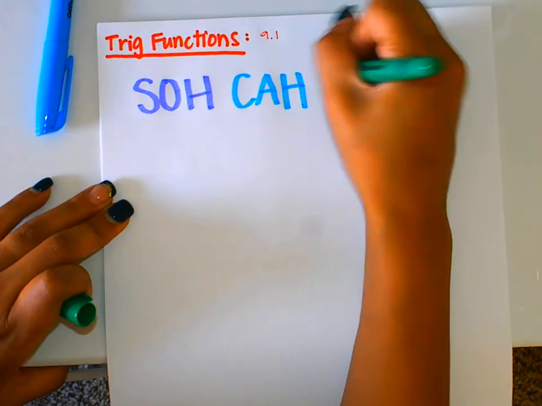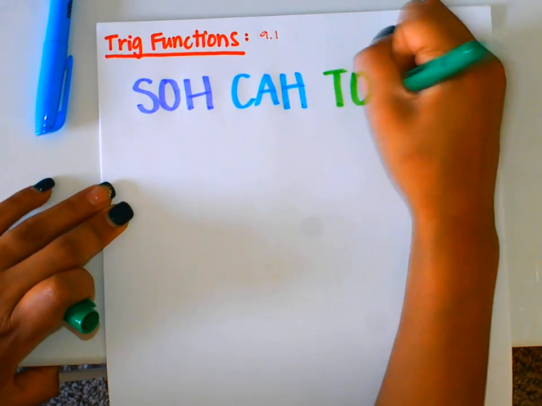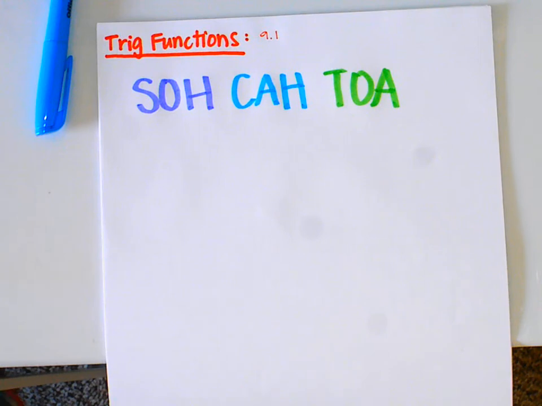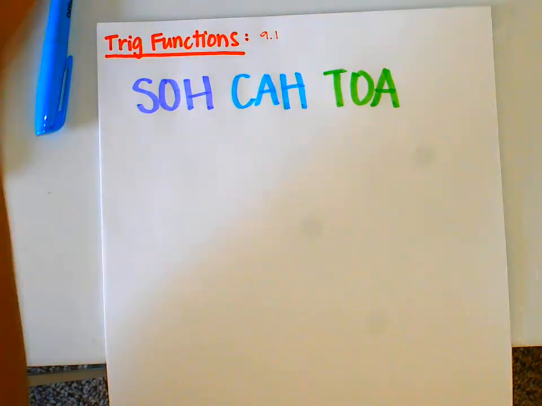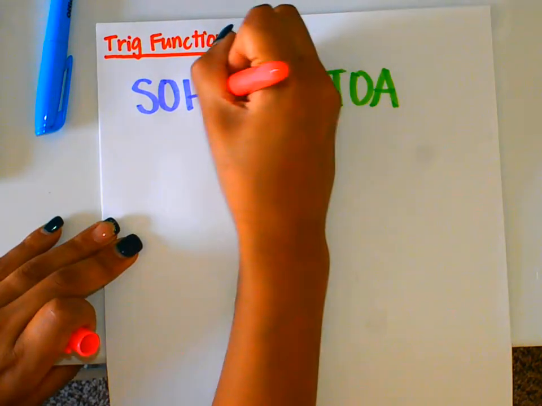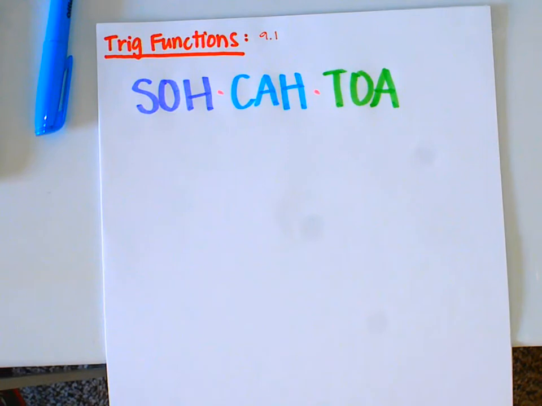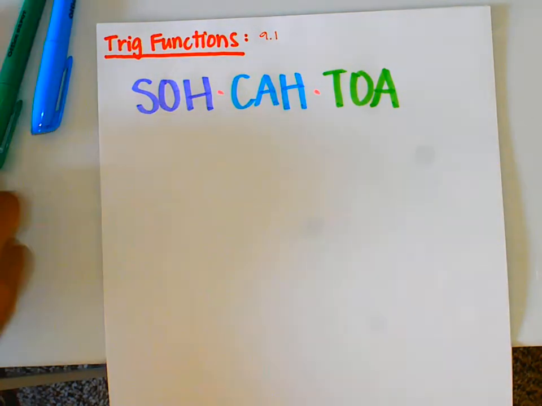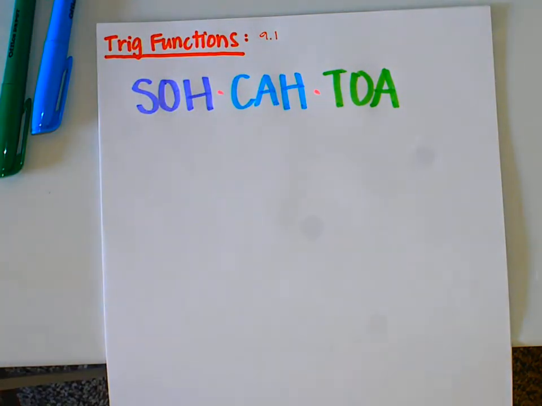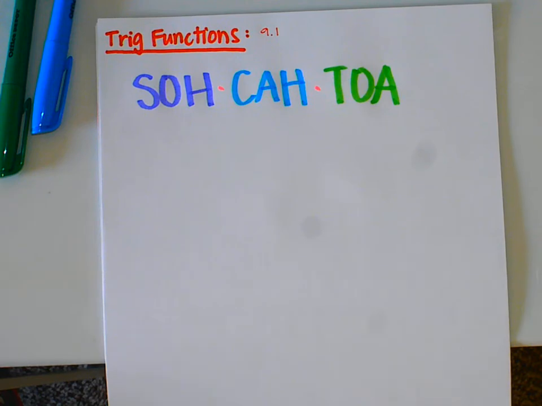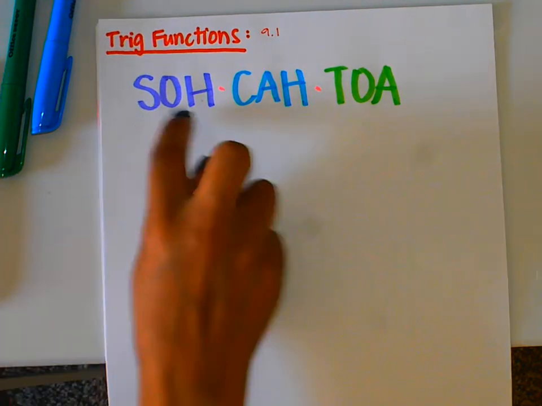I know this is a weird word, it's not something we would use in our everyday, but I usually, just because I'm me, separate it with little dots or something, just so I know the difference. This one is color coded, but if you don't have the colors, you can do little dashes or something. So SOHCAHTOA doesn't mean anything, but each letter means something.